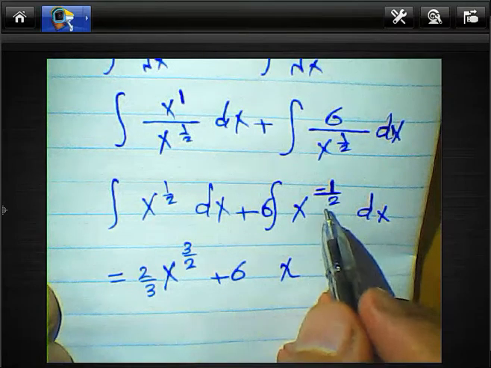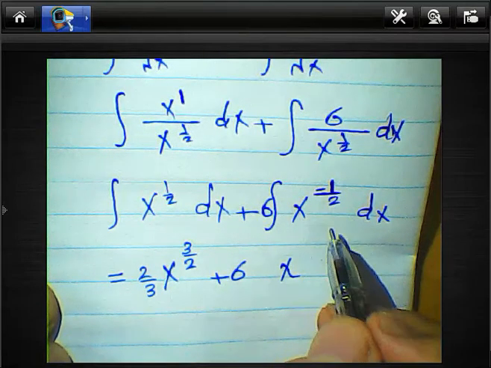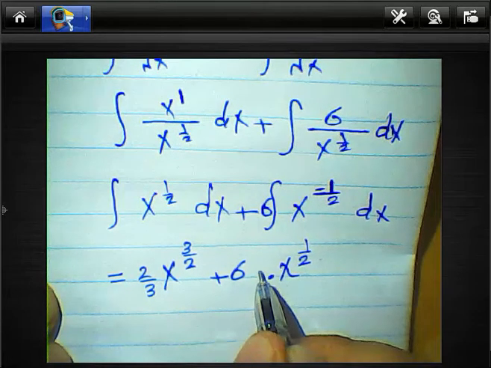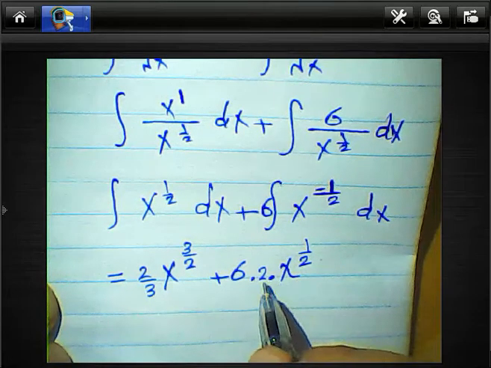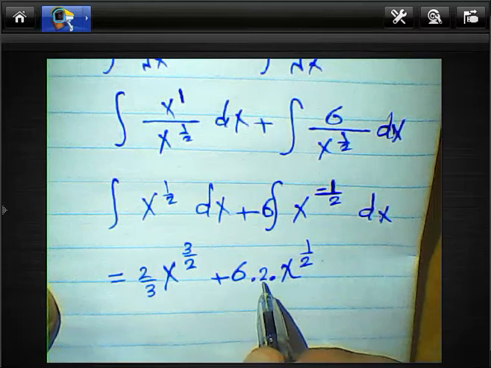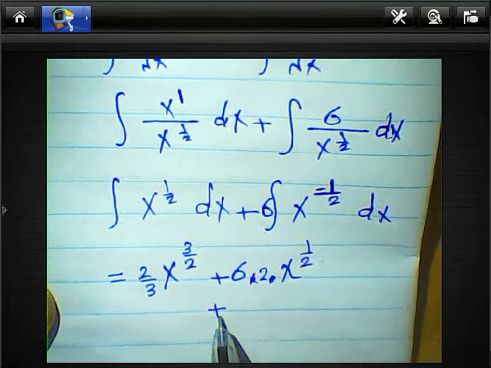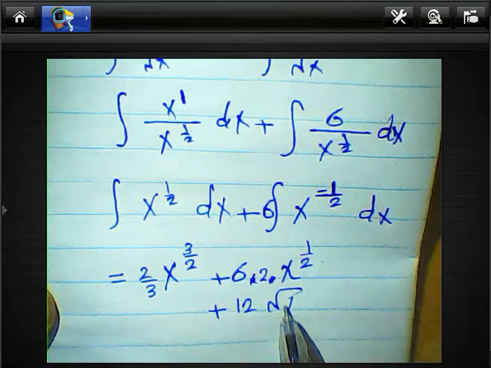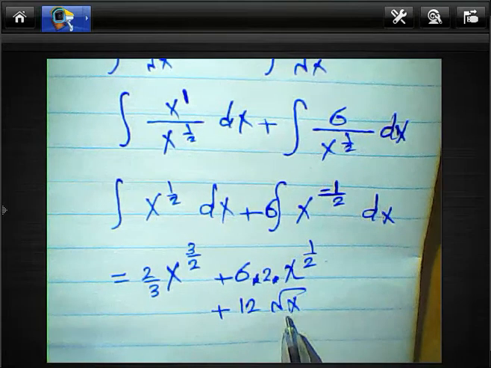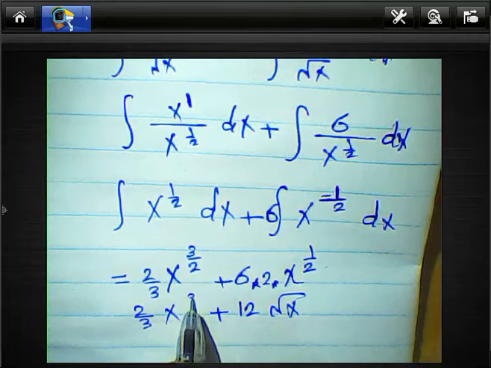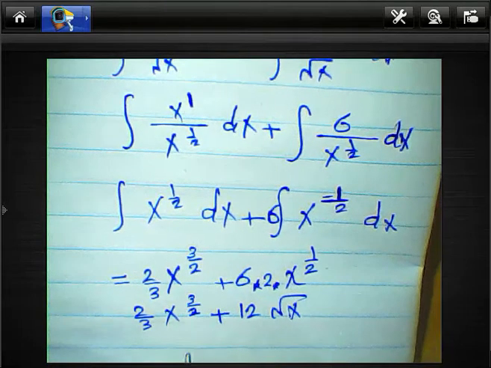Adding 1 to negative half gives half, and dividing by half gives 2, since 1 divided by half equals 2. So 6 multiplied by 2 multiplied by x power half gives 12 root x, because x power half equals root x. And we write here 2 over 3 x power 3 over 2.